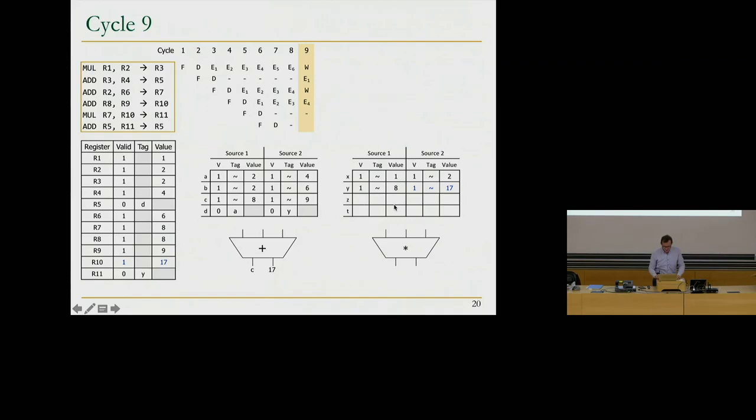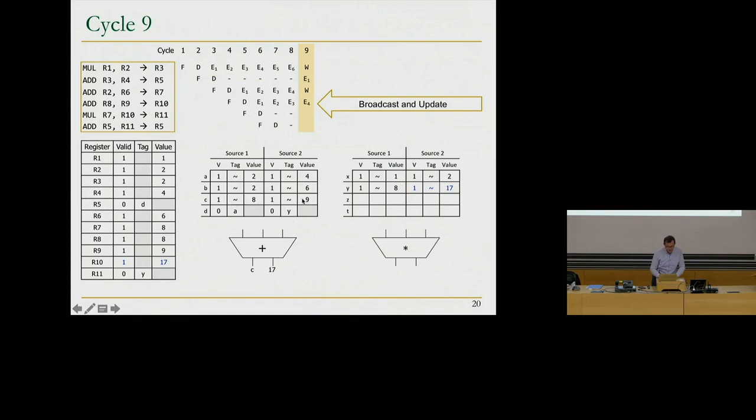Okay. So in this cycle, a similar thing happens. This add R8, R9, this add finishes over here. So it broadcasts its tag in cycle 9. And you can simulate it. We didn't animate it fully. But what happens is this add was adding R8 and R9.